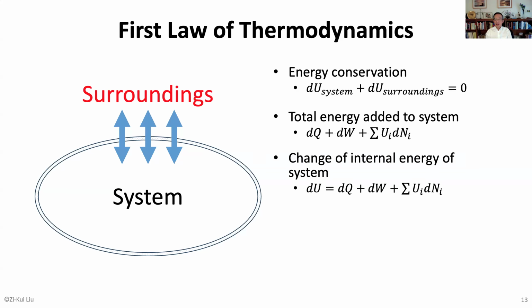So the change of internal energy of the system must equal the energy added from its surroundings, which is dq, dw, and Ui dni together. Those additions of energy into the system must increase the internal energy of the system. This U is sometimes also called the total energy, E. So U and E are interchangeable in our thermodynamics here.